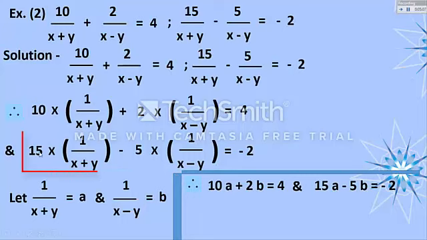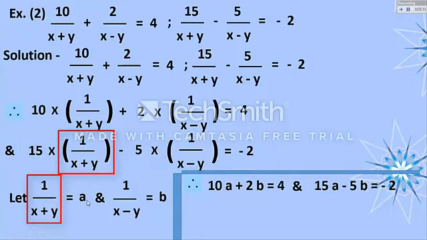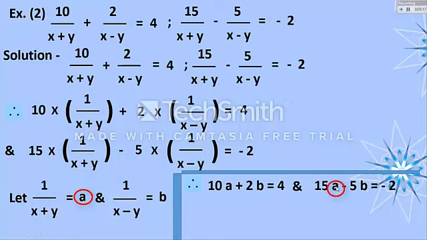Before that, we write the second reducible equation: 15 into 1 upon x plus y replaced by a, means 15a, minus 5 into 1 upon x minus y replaced by b, means 5b, is equal to minus 2.